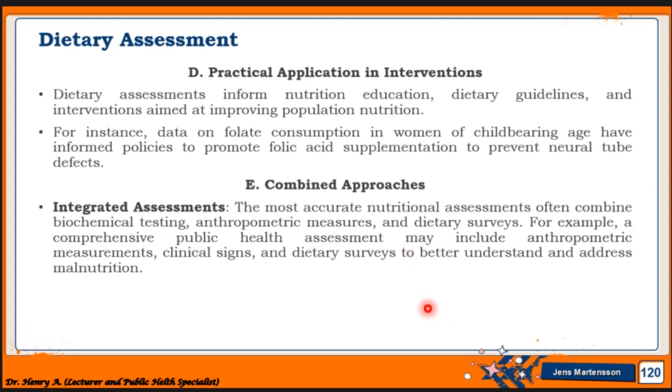So it is important that you understand that it can be combined with the other areas that we've talked about: anthropometric measurement, biochemical testing, and dietary surveys. When they are put together, you will find a comprehensive public health assessment. And this indeed will improve measurement, clinical science, and dietary surveys, and that will help us to understand and address a lot of issues concerning malnutrition.